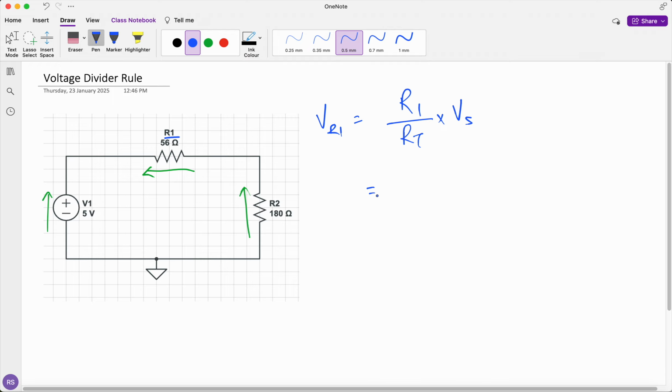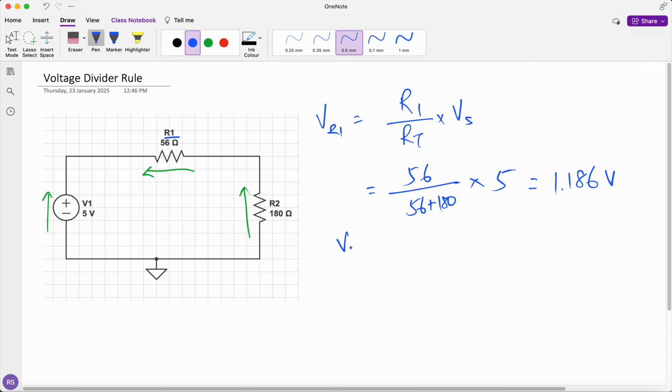In this case, R1 is 56, and the total resistance will be 56 plus 180, multiplied by the voltage across all the components. We have two components, so the total voltage across both is the supply voltage, which is 5. This gives me 1.186 volts.